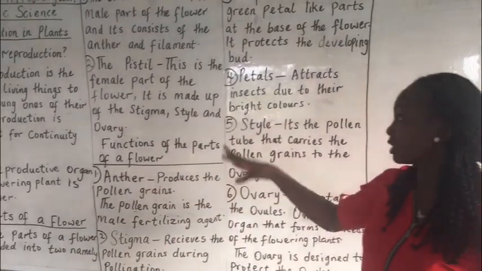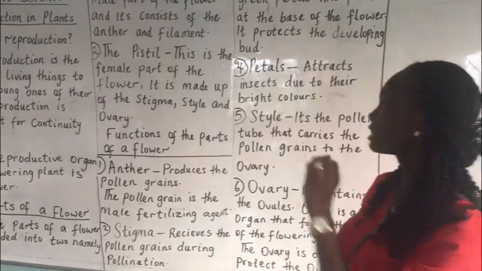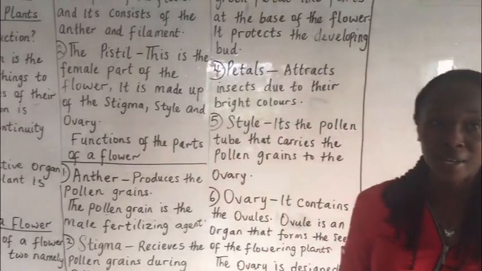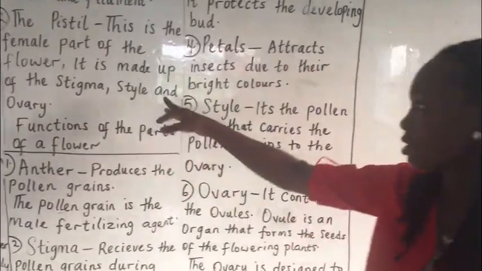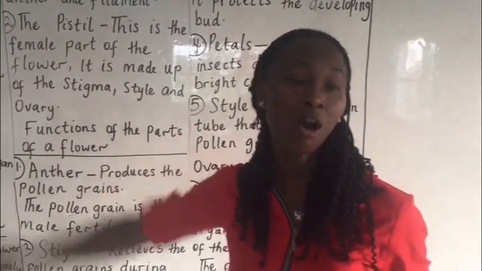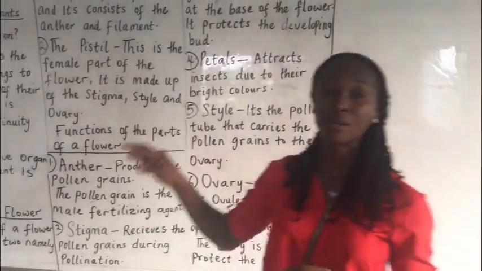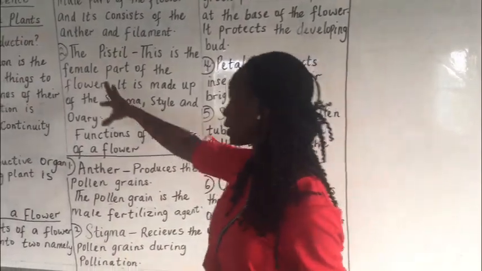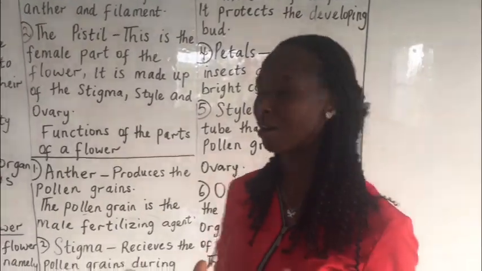The pistil is referred to as the female part of the flower, and it is made up of three parts, which are the stigma, the style, and the ovary. These three parts make up the pistil.